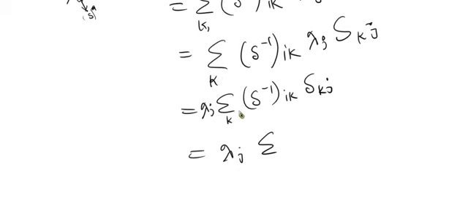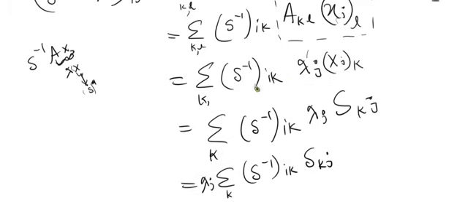Let me just highlight it again. Here l is getting summed over, and that's why in the next line we don't write l, and after this l is getting summed over, the only index left is k.